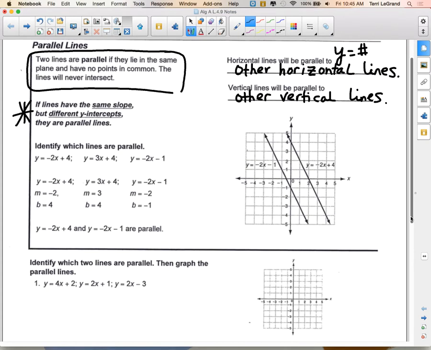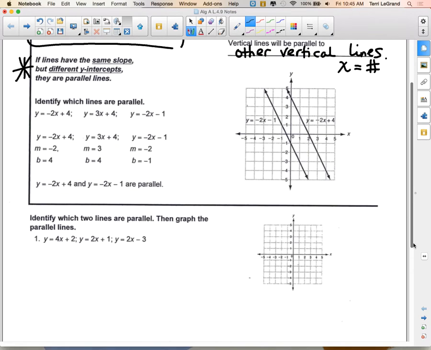And anybody know what's missing in the equation of a vertical line? This time it's going to be the y's that are missing. So the equations for vertical lines are x equals a number, no y's. X equals some number. Then you have yourself a vertical line. Okay?